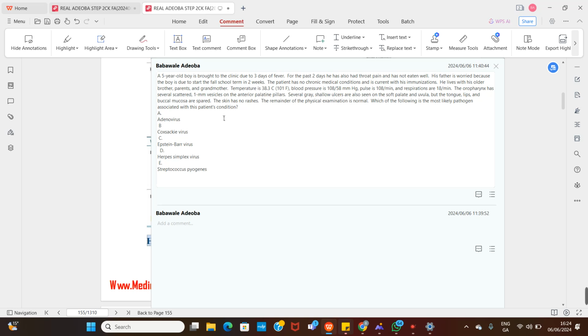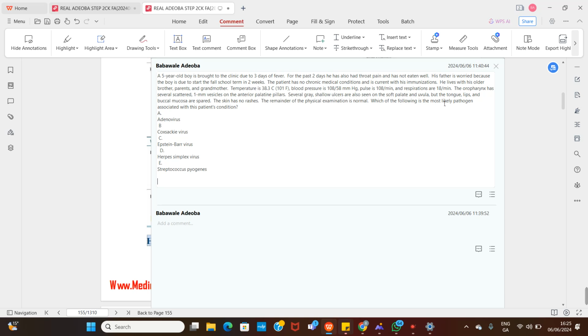The oropharynx has several scattered 1 millimeter vesicles on the anterior palatine pillars. So there's already an anatomical demarcation, anterior, right? And several gray shallow ulcers are also seen in the soft palate and uvula. Oh, this is changing it, because it said the soft palate and the uvula, so that's back.